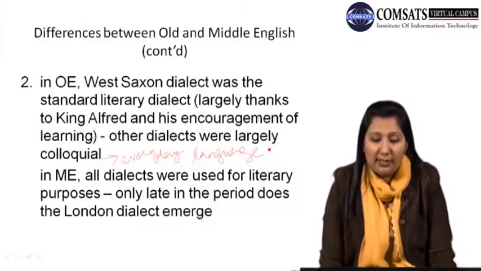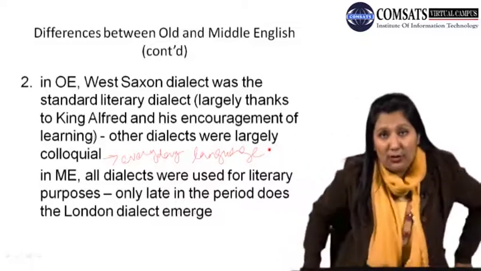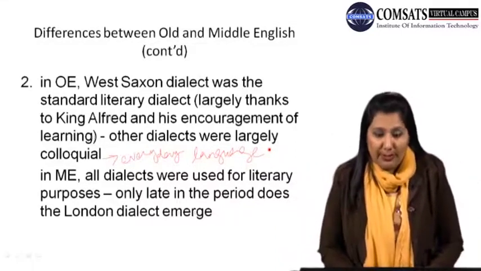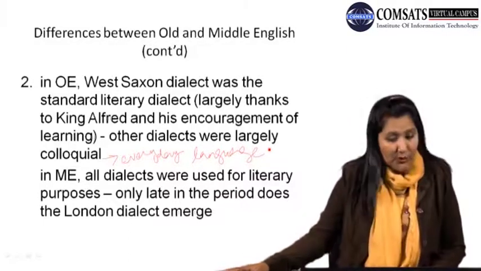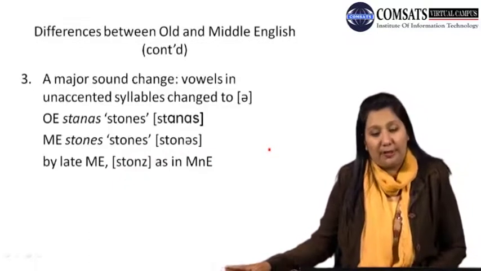Whereas in Middle English, not a single one, rather all the dialects were used for literary purposes. And only late in that period does the London dialect emerge. We see that it was very, very late that the London dialect started emerging.